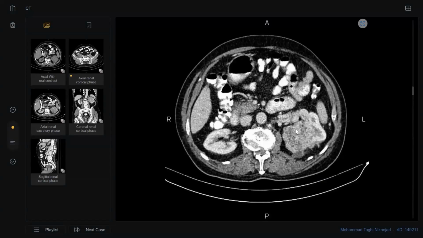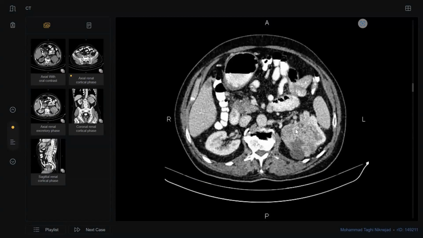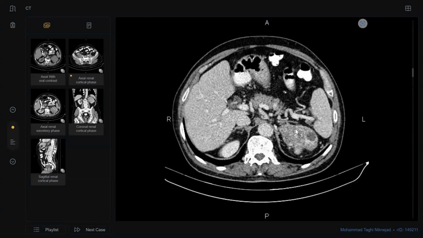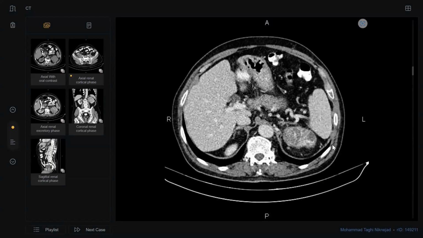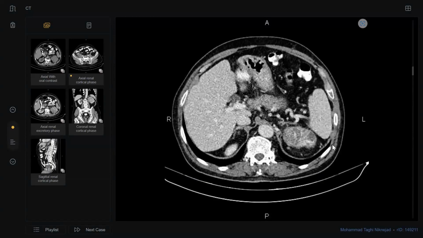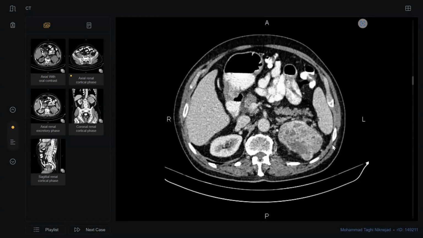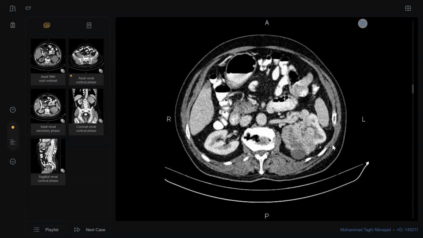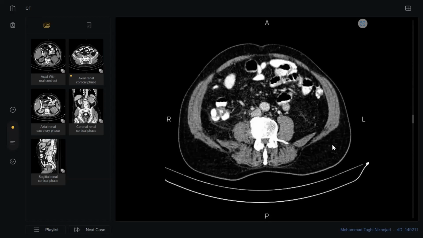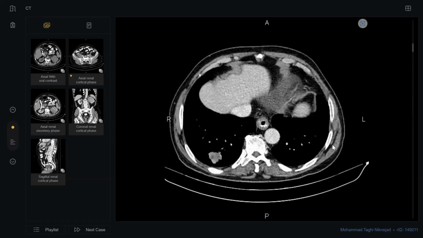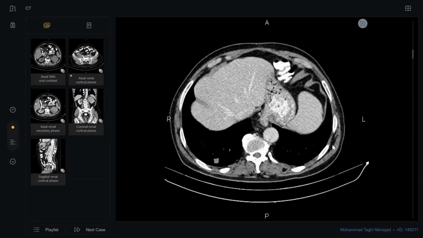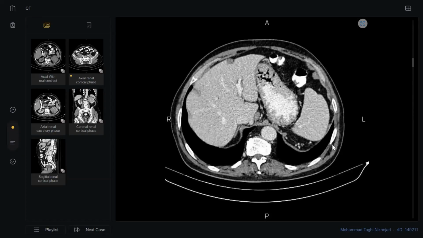Coming to the left kidney, there are exophytic enhancing focal lesions. Focal lesion or mass? There is a heterogeneous enhancing mass involving the upper pole of the left kidney. And also the enhancing pulmonary nodule in the right lung base.